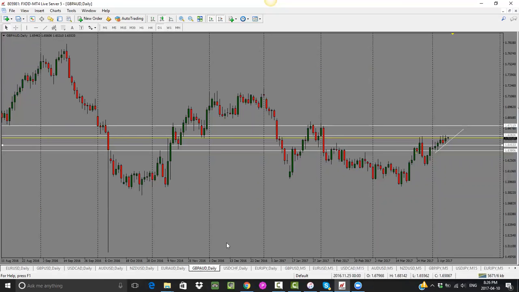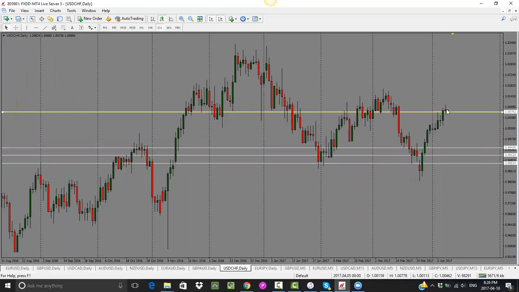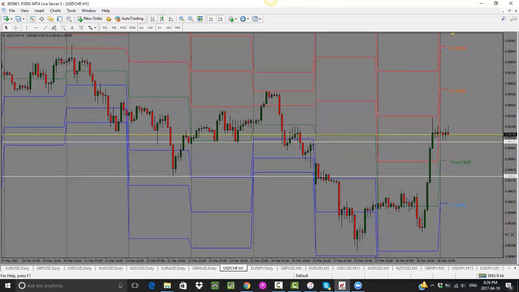Any other pair we want to look at? Dollar Swiss here, this is bearish actually. So we see a rejection of this 1.00 level, and now price has moved down. Again, small move for the day, but we could see a further weakness here, and this is where we would be looking at.